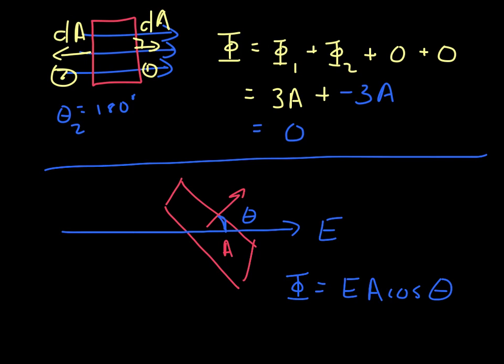Pretty much all this theta is saying is how effective this surface is at getting flux out, or how much of the flux is in the direction pointing out of your shape. So with Gauss's law, you just count the field lines coming through a surface. And it's going to be constant, because like we said, electric field is proportional to 1 over r squared, and area is proportional to r squared.